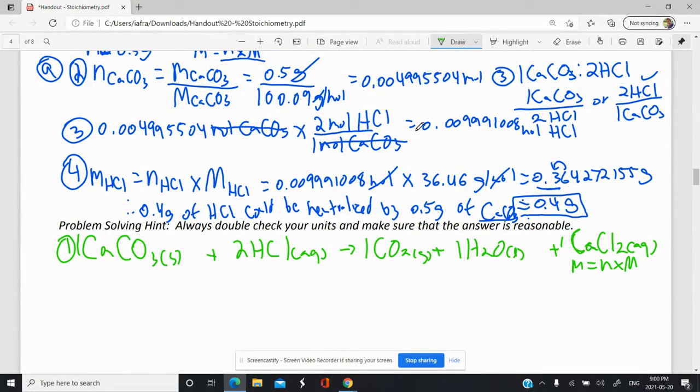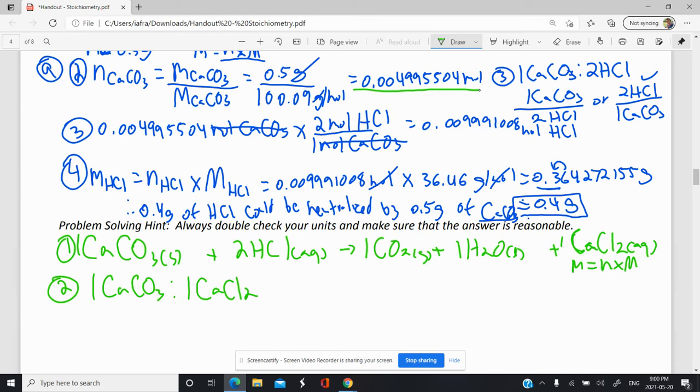We found it over here. Where were we? Right here. So we can use that mole. In reality, if we didn't do that, we'd have to convert, but we can go ahead and use our mole ratio. So we know for every 1 calcium carbonate, you have 1 calcium chloride.